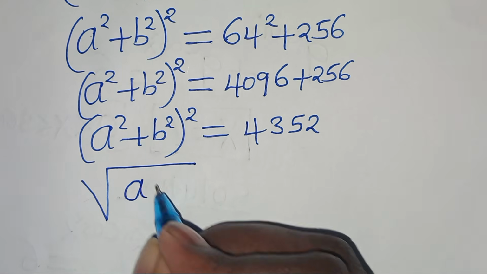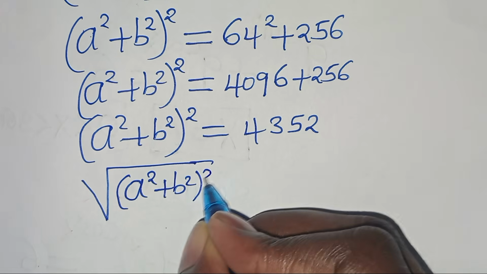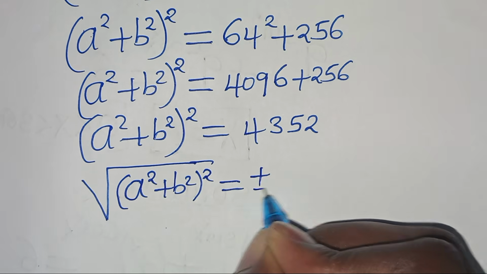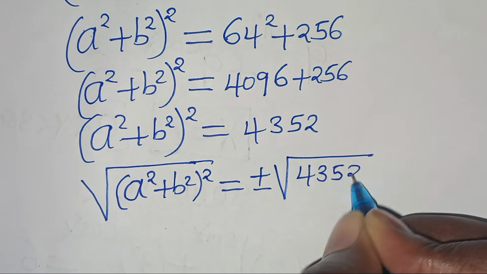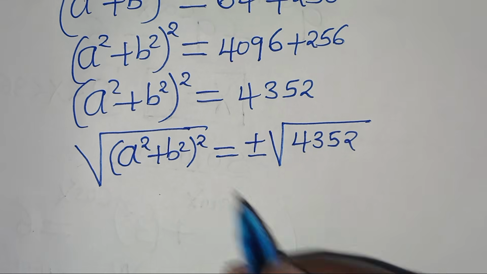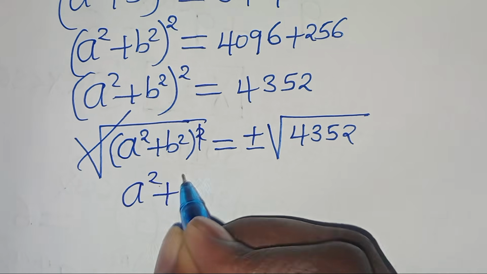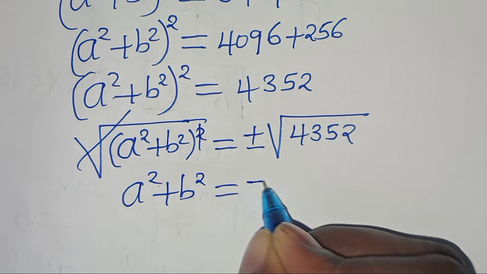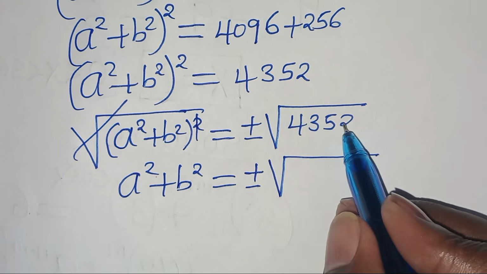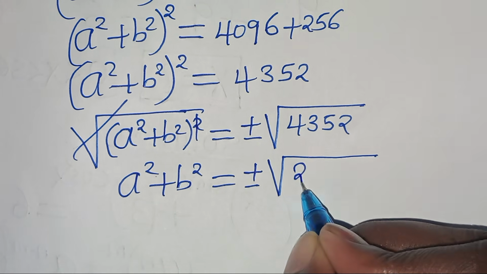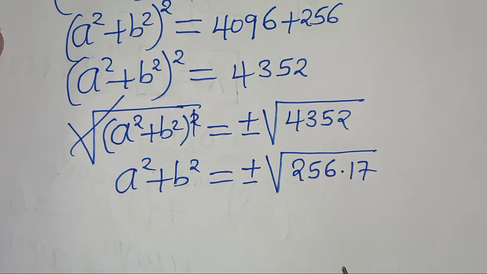Now to solve for a squared plus b squared, let's introduce a square root on both sides. We have the square root of a squared plus b squared raised to the power of 2 equal to plus or minus the square root of 4352. Let's simplify: a squared plus b squared is equal to plus or minus the square root of 4352, which is the same thing as 256 multiplied by 17.